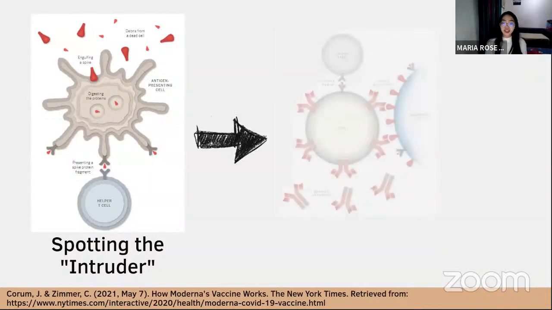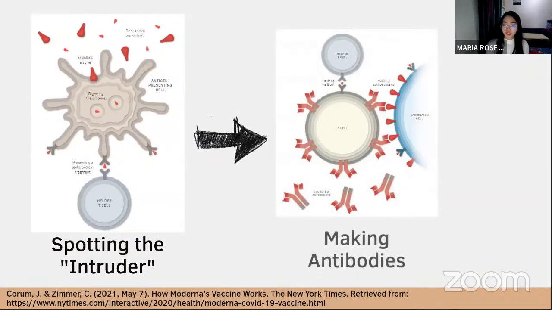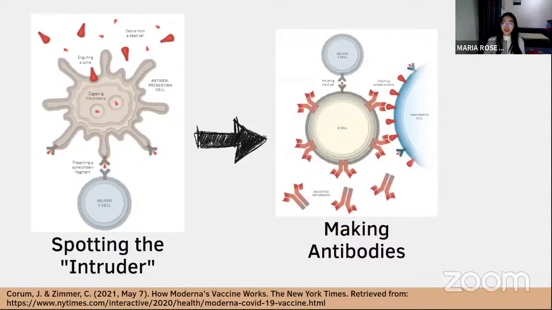After that, it's proceeding to the making of the antibodies. This is another immune cell called the B cell. In the illustration, you can see this is the B cell. They bump into the coronavirus spikes on the surface of vaccinated cells. As you can see, it's like they perfectly match there.